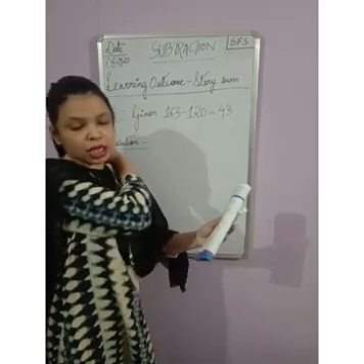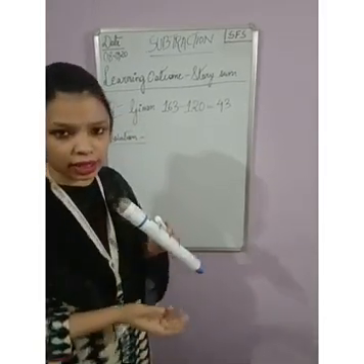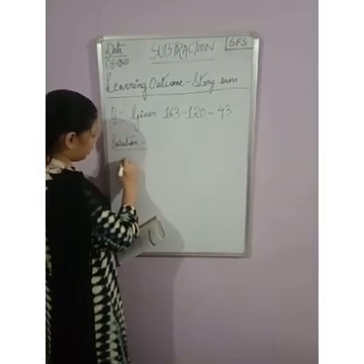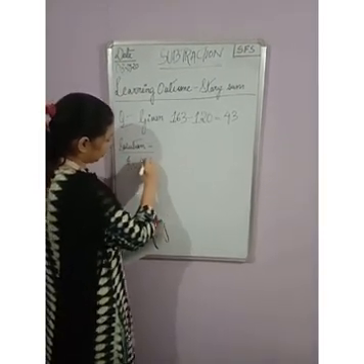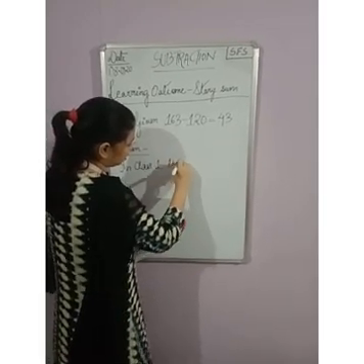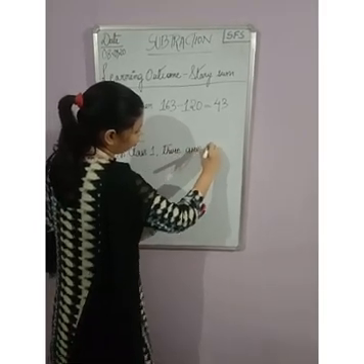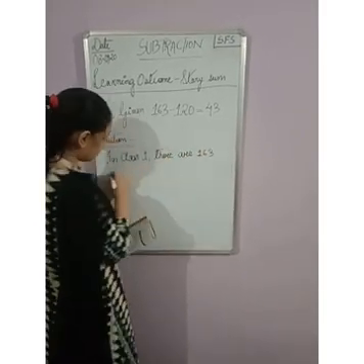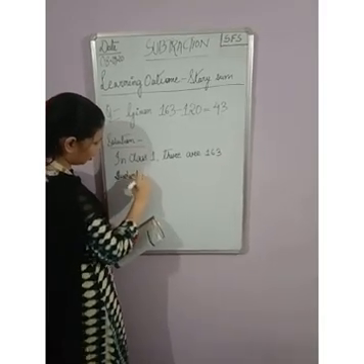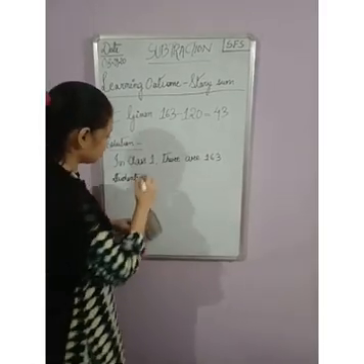So we have to make the story sum out of these two numbers. Okay children? You can put any story in it. I have taken one topic: in class 1 there are 163 students.